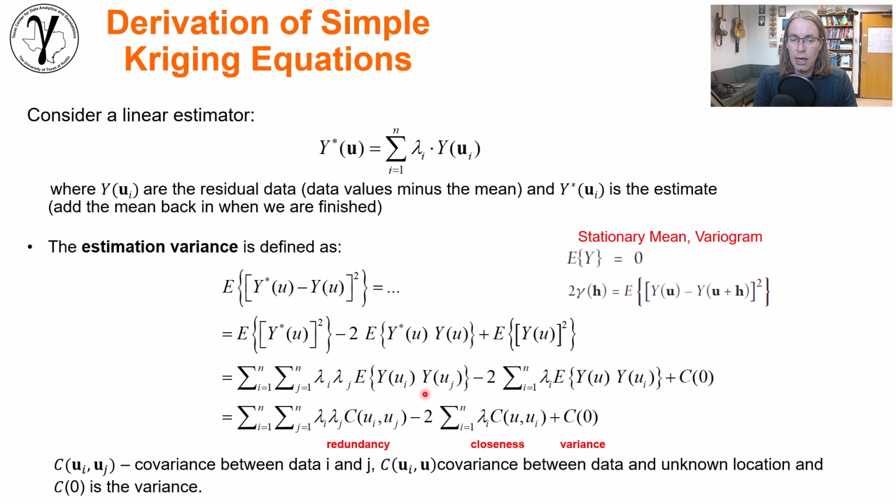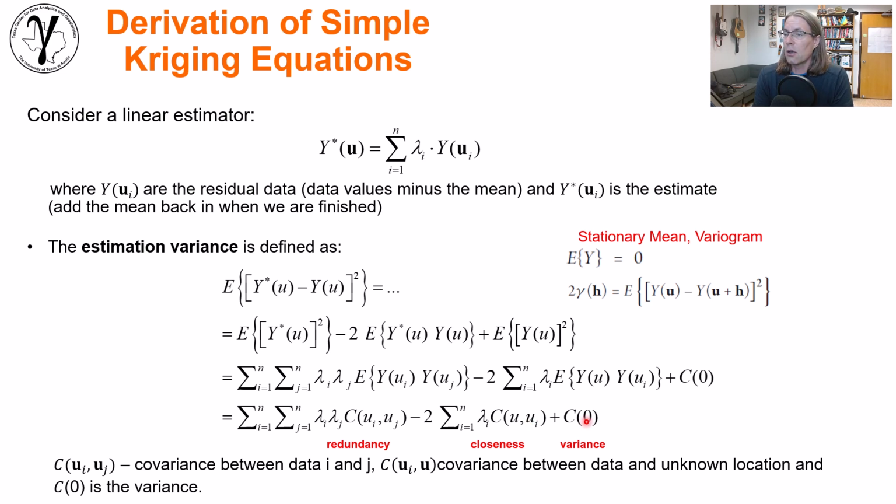Expected value of y_ui y_uj, expected value y_u y_ui. Now, given the fact that the means are assumed to be 0, I hope you can see that this is the very definition of covariance. In other words, we can replace these expectations. This one becomes the covariance between 2 points in space, 2 data points between them, and this becomes the covariance between the unknown location u and the data points.